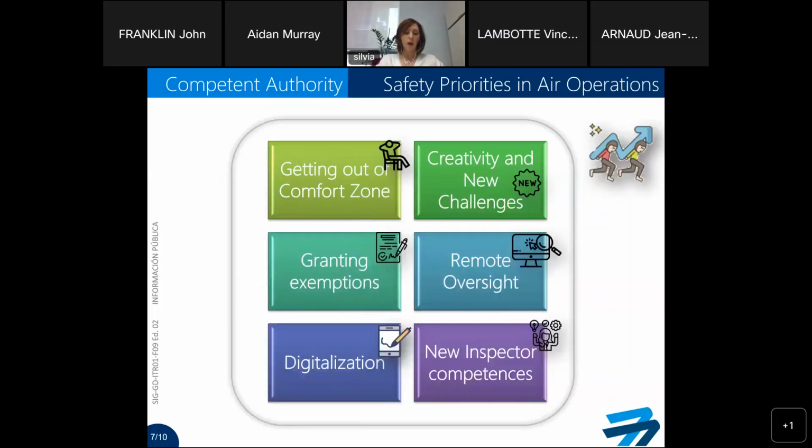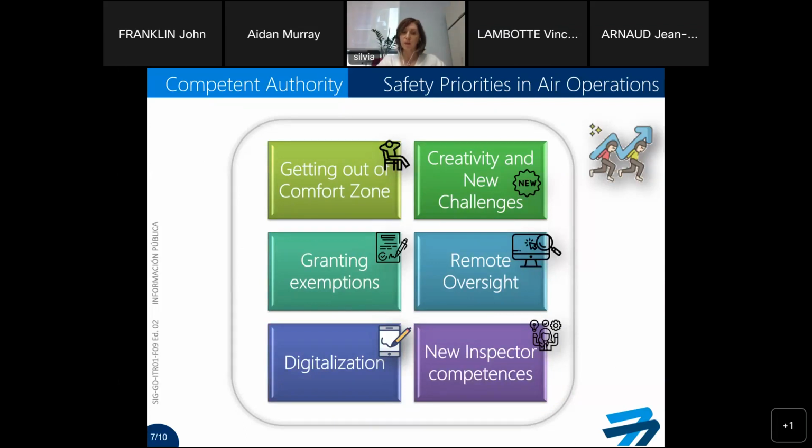And what has the role of the authorities been all that time? Well, in fact, getting out of our comfort zone has meant a turning point. Unlike the airlines, authorities have made use of creativity to face new challenges.